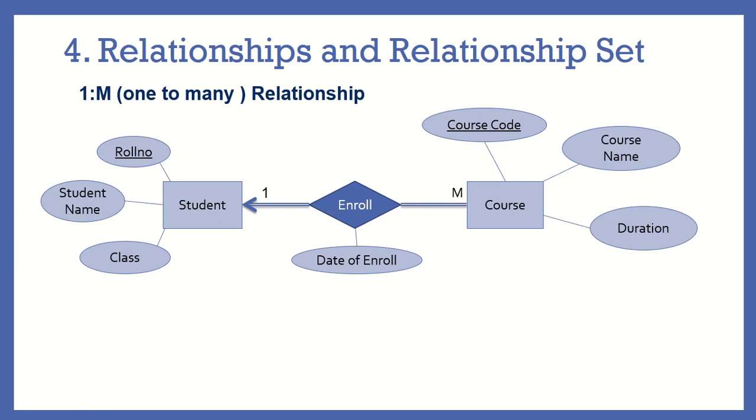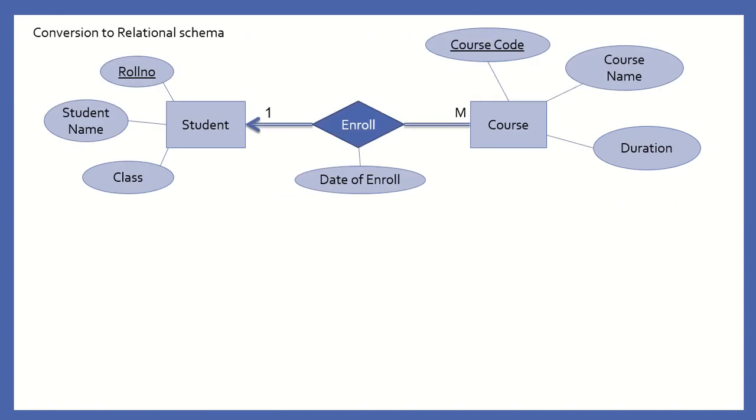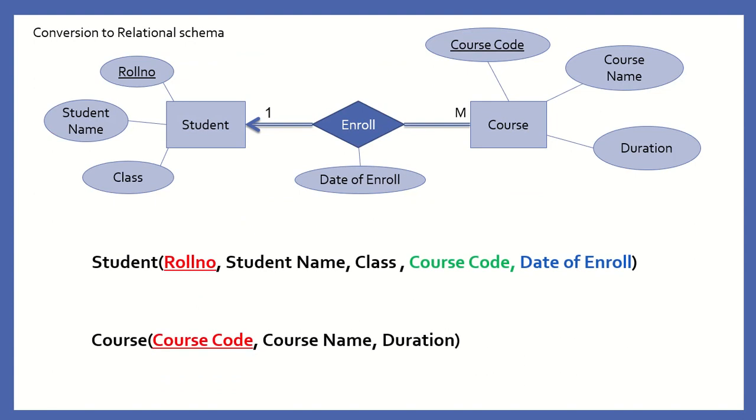In this case, enroll is a one-to-many relationship between entity set student and course, which means that one student can enroll in multiple courses. To convert this one-to-many relationship enroll into relational schema, a separate relation is created for all participating entity sets, that is for student and course, and the key attribute of the many-side entity set is mapped as a foreign key in the one-side relation, that is student.